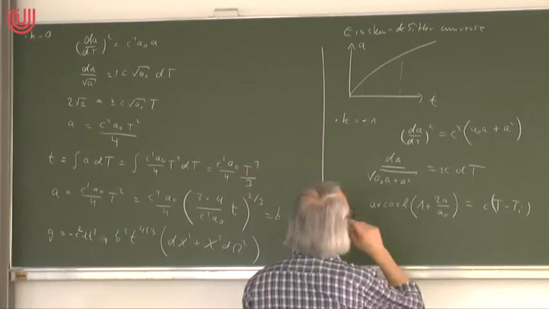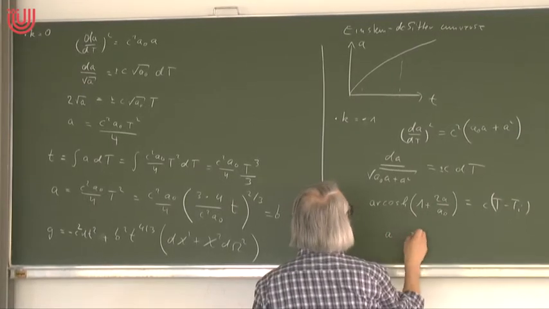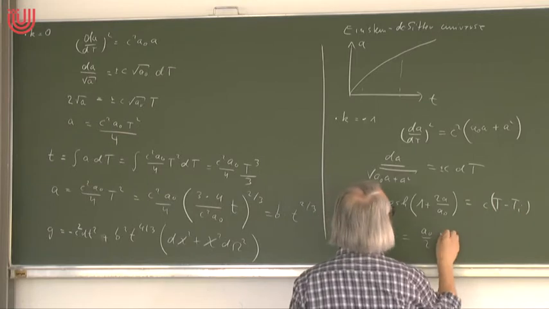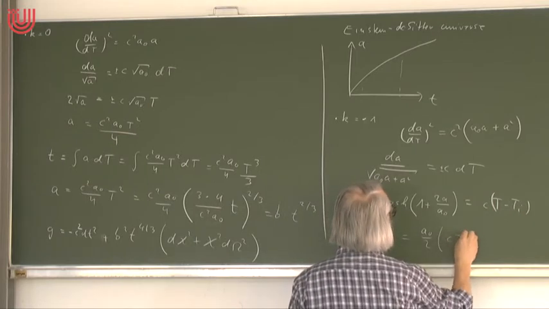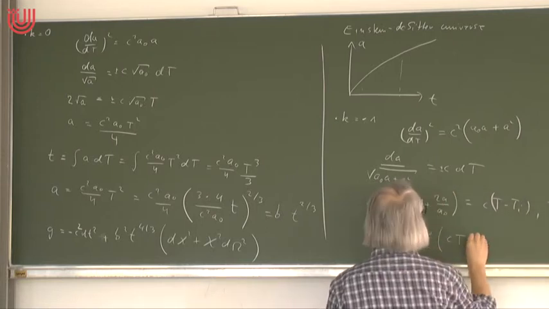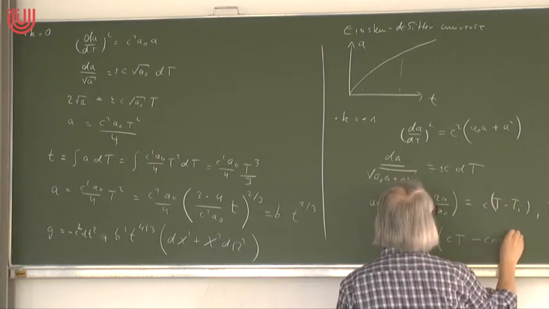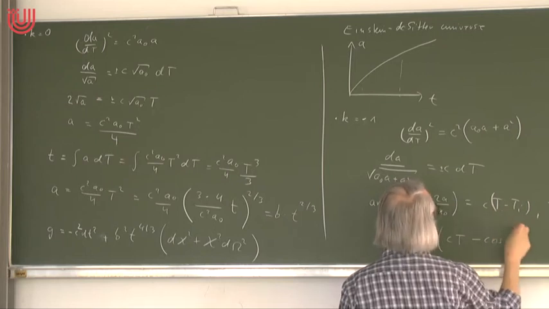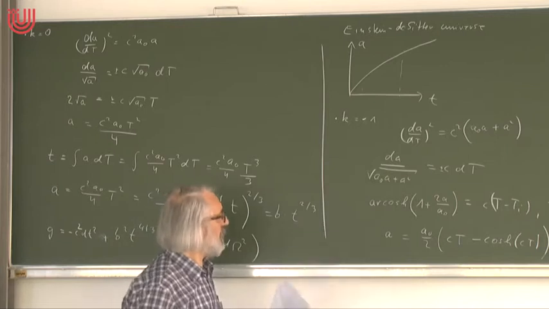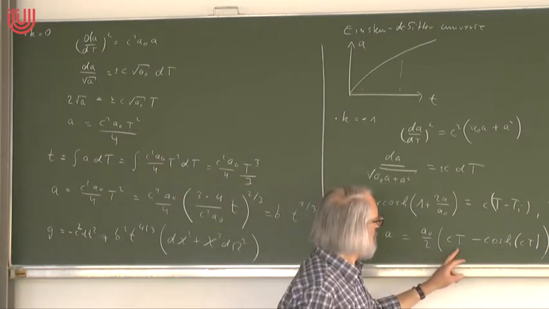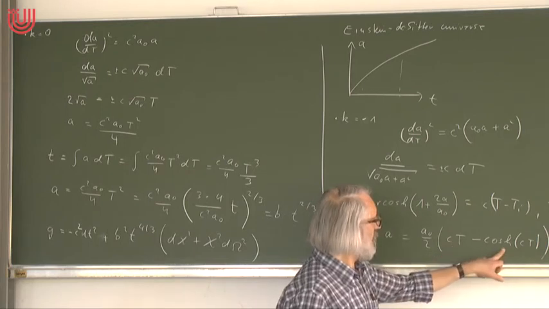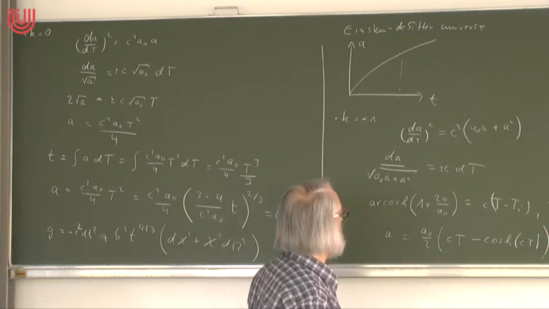So then if I solve this for a, I get a is a naught half, and this comes to the other side. So it's ct, and I think t i is again 0. Ct minus the hyperbolic cosine of ct. Let me see if I have again a equals 0 and capital T equals 0. So if capital T is 0, this is 0, and no, it's nonsense.